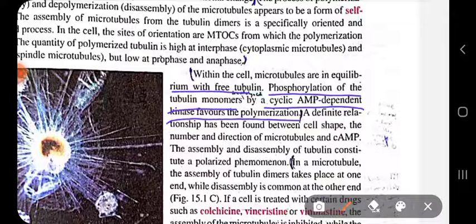Now, normally, what happens? I have discussed the structure of alpha tubulin and beta tubulin, which form a tubulin heterodimer. Phosphorylation of the tubulin monomer occurs. Initially, they do not bind in that way. Normally, they have to be phosphorylated by the help of a kinase called cyclic AMP dependent kinase, which helps in polymerization.